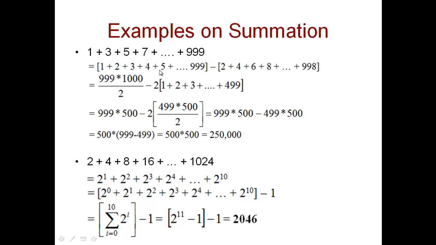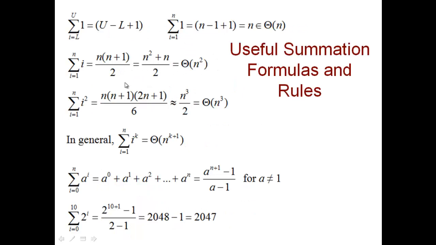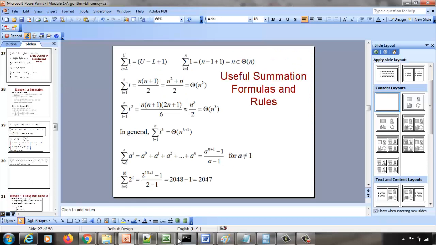Now we have a ready-made format: 1 plus 2 plus 3 up to 999. So our n is 999. That's why I expand. Here it may not be very clear which of these three formulas to use, but you can always expand the summation.